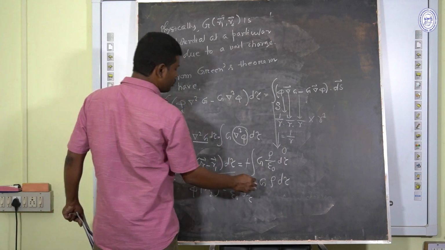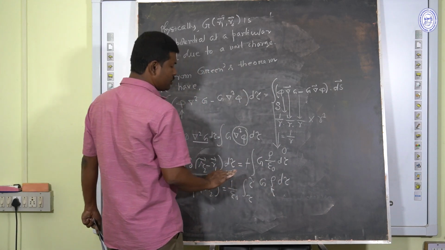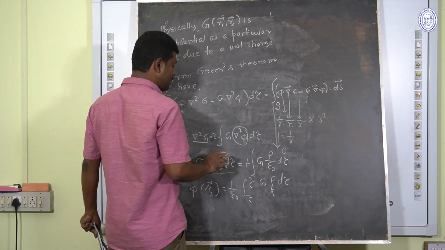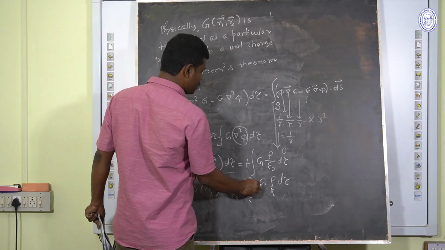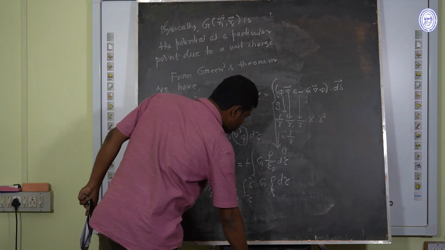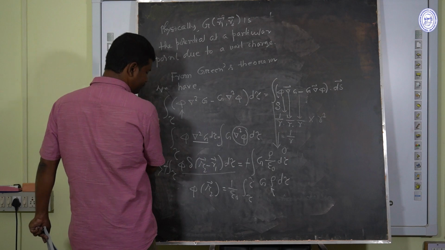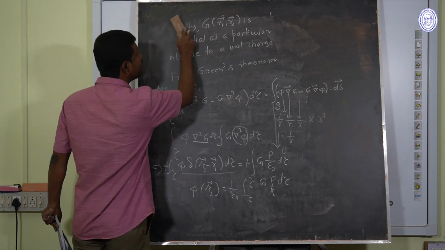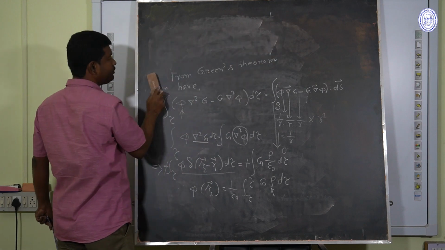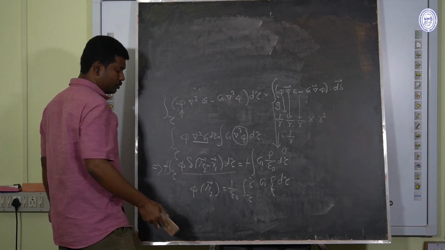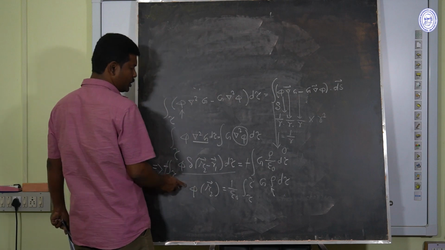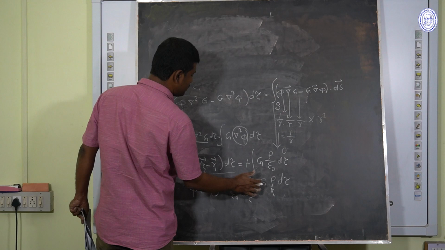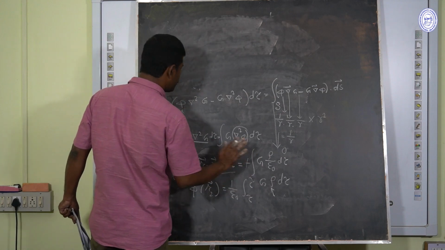Now rho, the Poisson distribution, is known, so the source function rho is known. This is the solution of Poisson's equation, and the task left is that we have to find the Green's function G, because rho is known to us.